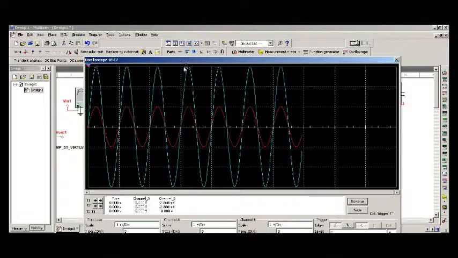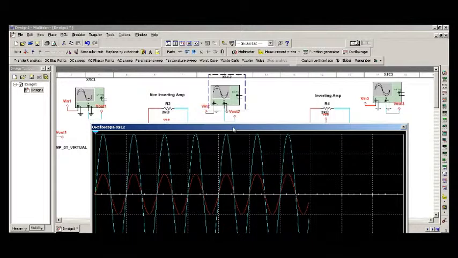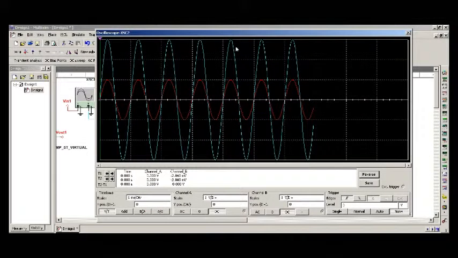Well, what we can see here is that they're both scaled the same, at 1 volt per division. We have 1 volt peak for our input, which is our red, and our output, which is our aqua blue, is scaled up to be a version of Vn but times 3.